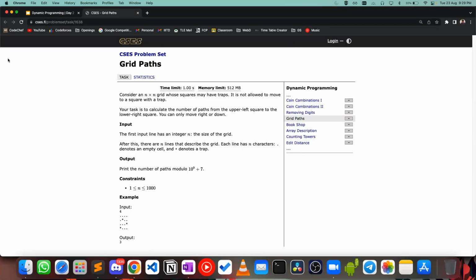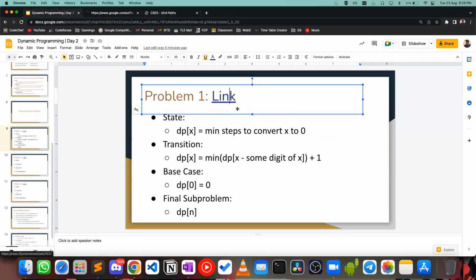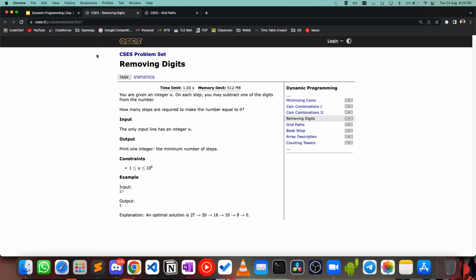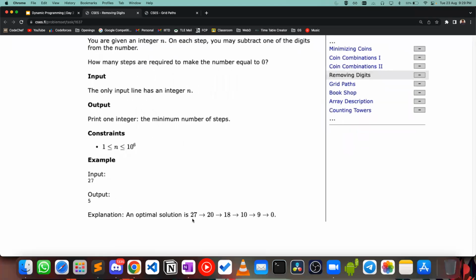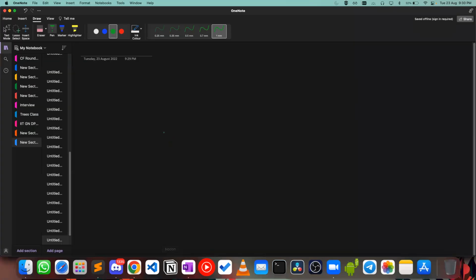If I submit the problem here, it will give us a case where this actually failed. Let's look at 27 first. Looking at this, it is always subtracting the biggest number. But I would like to think of a case on my own here without submitting it.